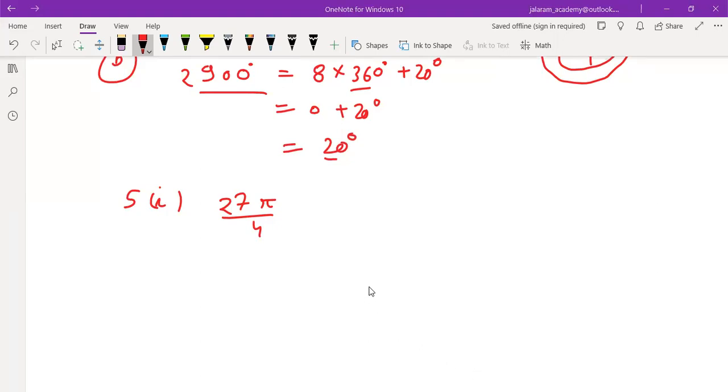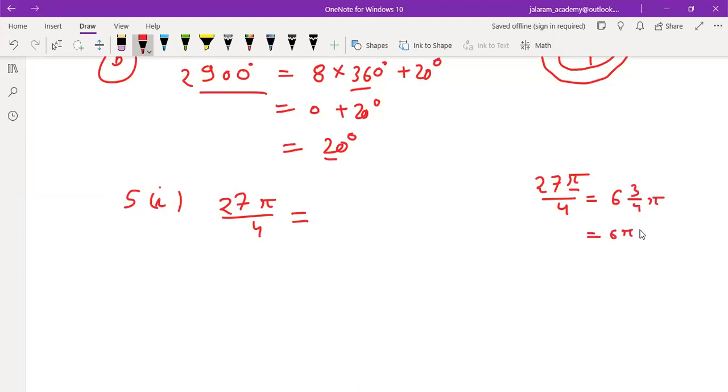You know that 2 pi means 360 degree. So in place of dividing by 360 degree, this time we will convert it to a mixed fraction in such a way that the whole number part must be an even number. 27 pi by 4, we know that 4 sixes are 24. So 6 whole 3 by 4 pi.